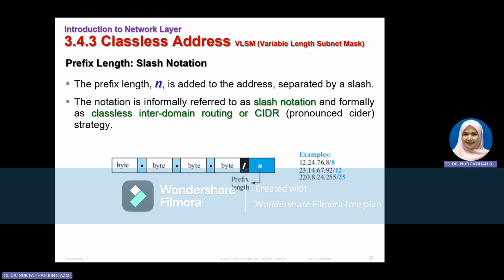That slash means the first 24 bits are for the network, and the remaining 8 bits are for the host. Here is another example. The IP address is made of 4 bytes. If we say /8, it means the first byte is for the network.